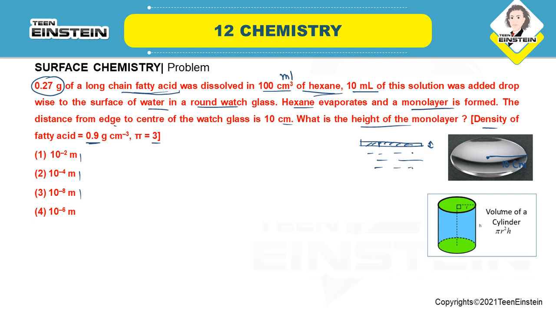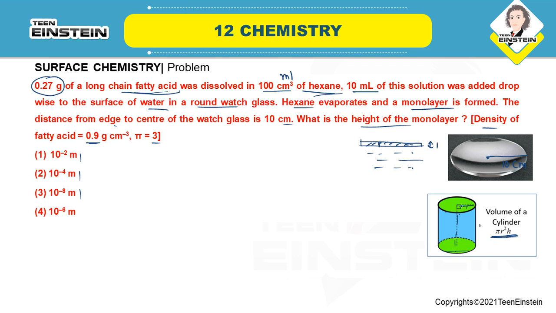Here we have a picture of the volume of a cylinder formula, how we are getting it. Why we have mentioned it: when you find this height, you have to take the help of this formula. As if this is a monolayer and you have to find this height.